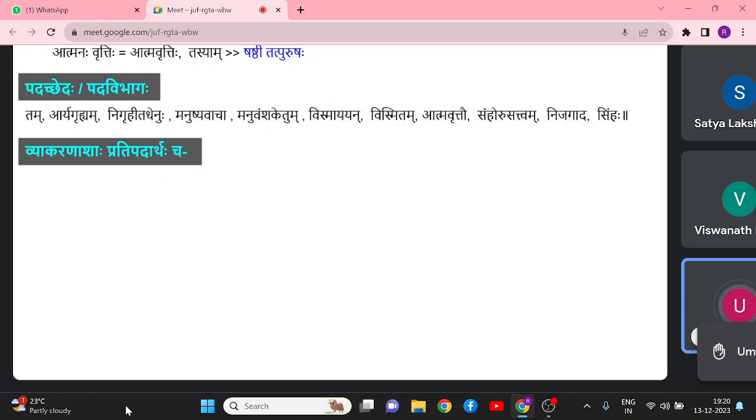Vacha becomes Strilinga actually. I don't know which Shabda it is. Manushya Vach Shabda. Okay, it will become Tritiya Vibhakti, Ekavachana. Manuvamsha Ketum. It's Ukaranta Shabda, Manuvamsha Ketu Shabda, Pullinga Dvitiya Vibhakti Ekavachana.